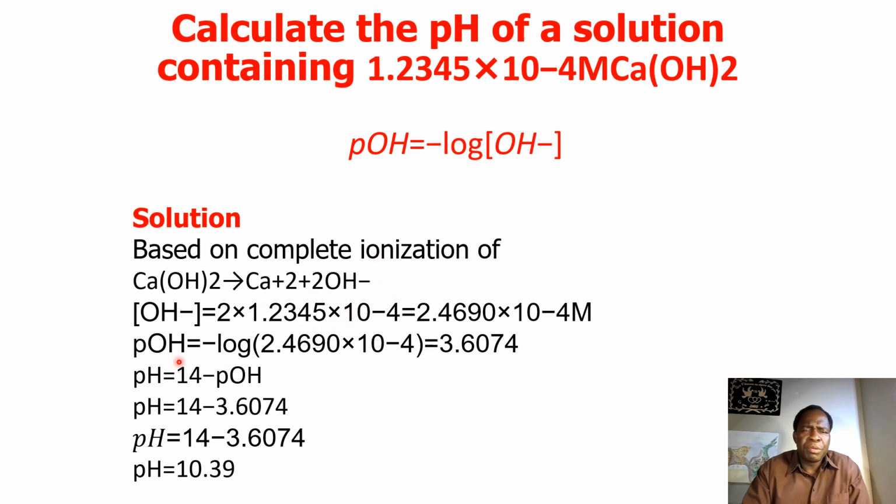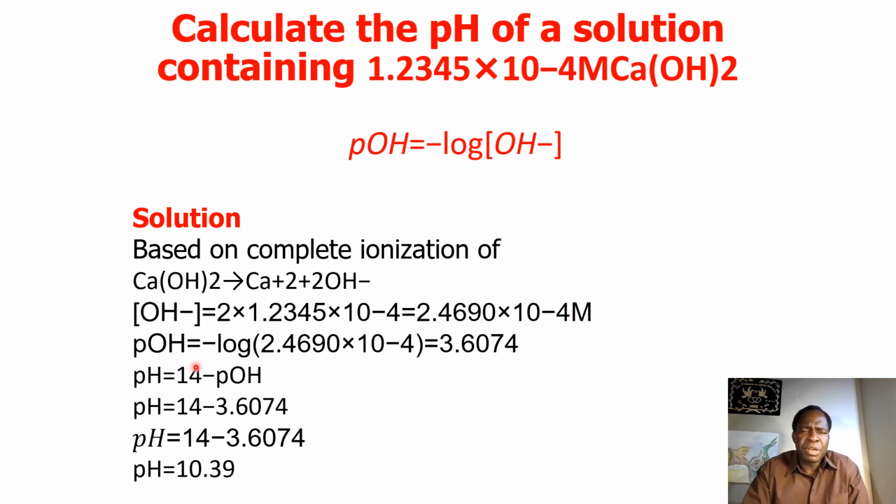So when you are applying the formula pOH is minus log of OH minus, the concentration of OH minus will be equal to 2 times the concentration here. 2 times 1.23 gives you 2.46. So that's how you plug the concentration of OH minus into the formula.